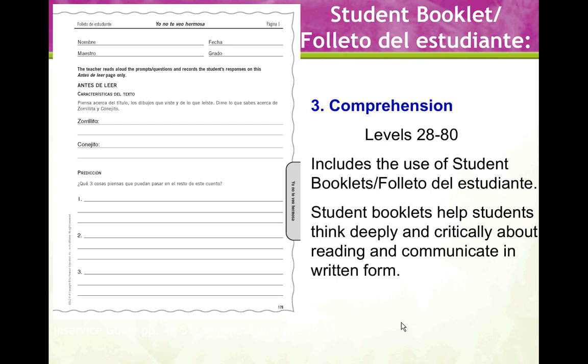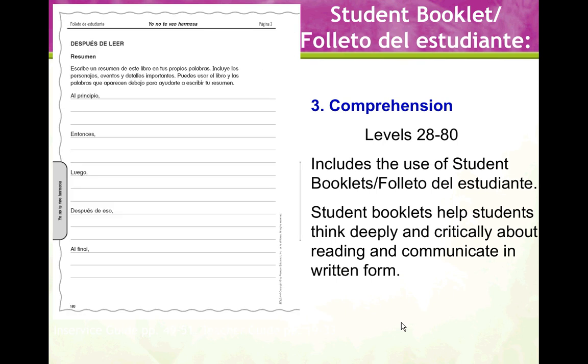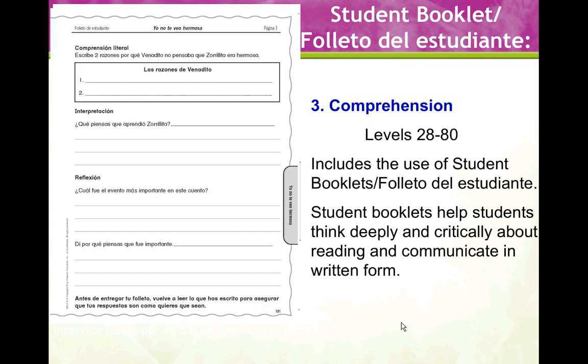And they're to go back, use the book to answer their questions, and just return it to the teacher when they're done. You'll see a written summary, and then go on to a literal comprehension, interpretation, reflection question.